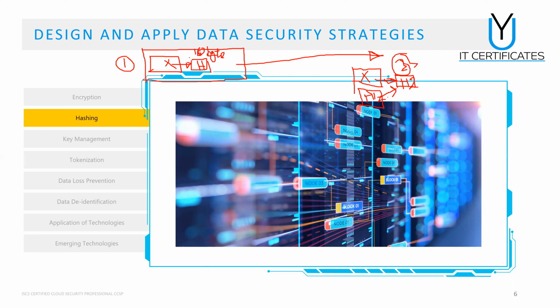But if the message is the same, then the hash should be the same. So if H1 is the same as H2, the message is not changed. There are no hackers who were able to make any unauthorized changes. This is the usage of the hash.